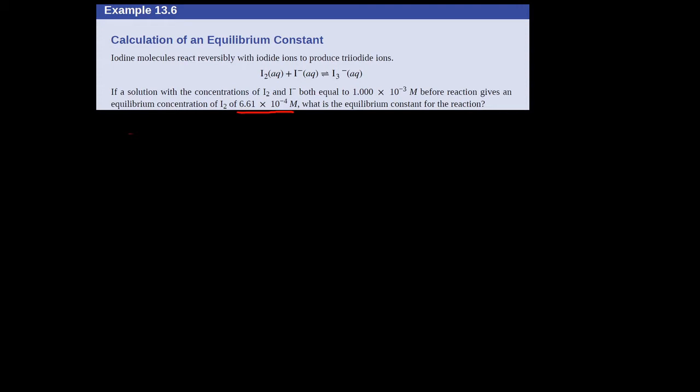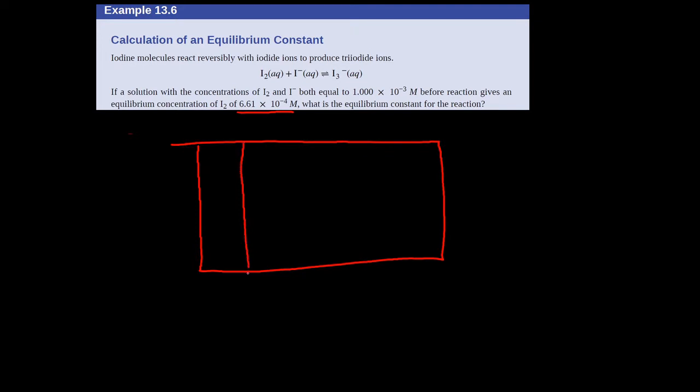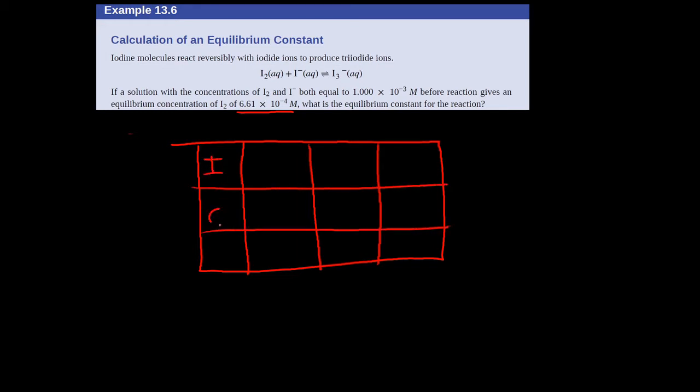Okay, so in this problem, go ahead and write my ICE table, because we're going to have an ICE table for every problem here. So I have my initial, change, equilibrium, and I have my I2, I minus, and I3 minus.